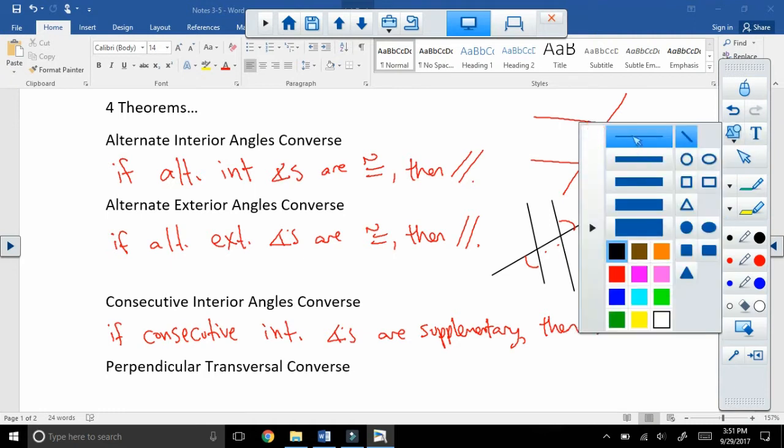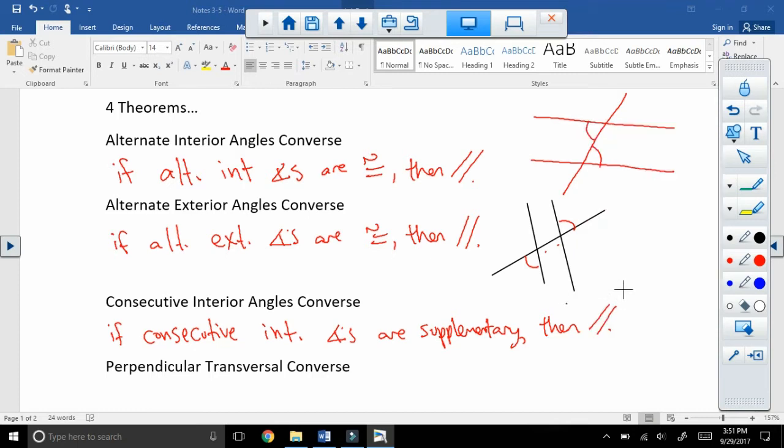And remember, that's the only one that they're supplementary, so please don't think they're all congruent. That won't always be the case. So these 2 angles, angle 1 and angle 2, would have to be supplementary. So I'll write the measure of angle 1 plus the measure of angle 2 is 180. Then you could say that these lines are in fact parallel.